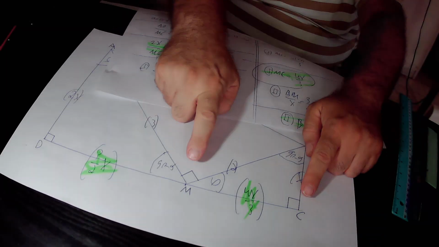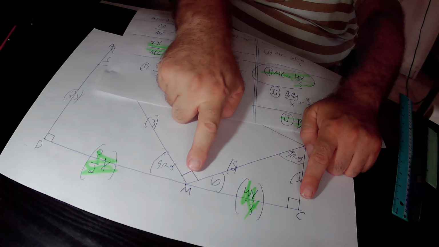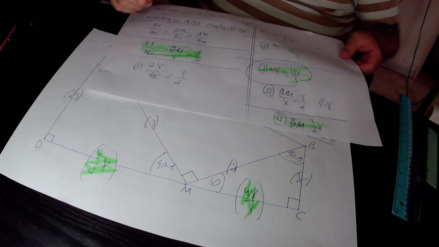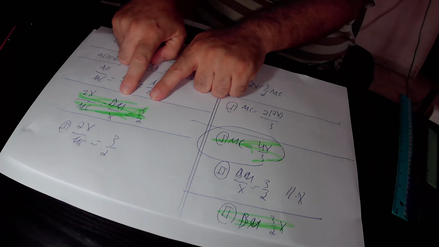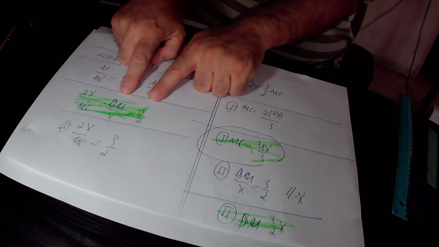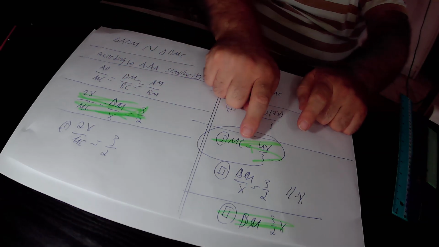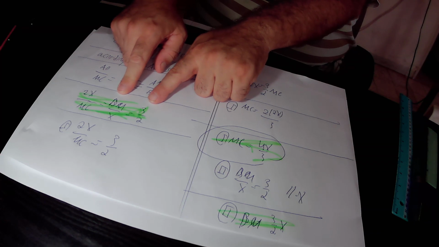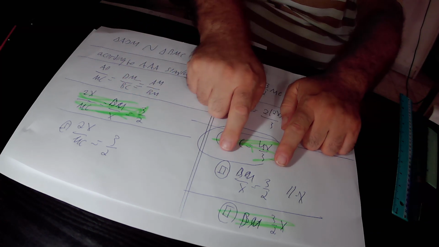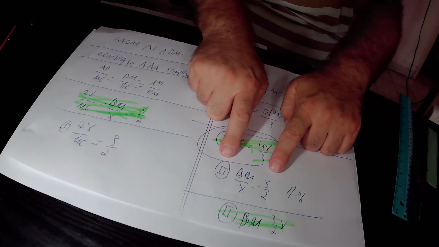This is to say, MC equals 4x over 3 units in its length. Likewise, those two expressions are also equal to each other, therefore we get equation 2. That is to say, according to equation 2, DM over x equals 3 halves.